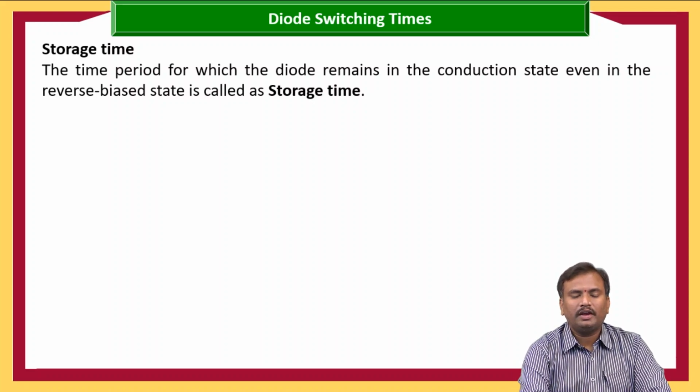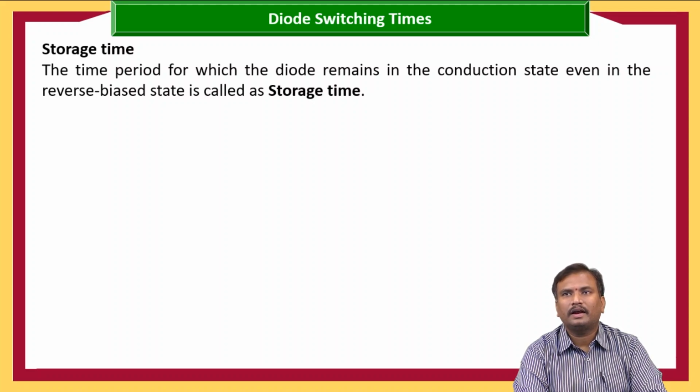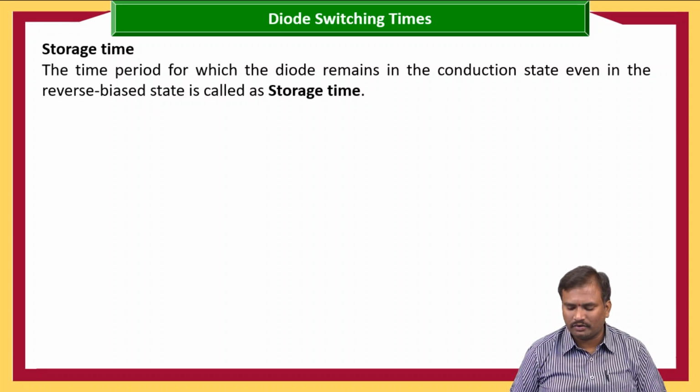Now the storage time. Here the time period for which the diode remains in the conduction state even in the reverse biased state is called storage time, until the current zero happens.